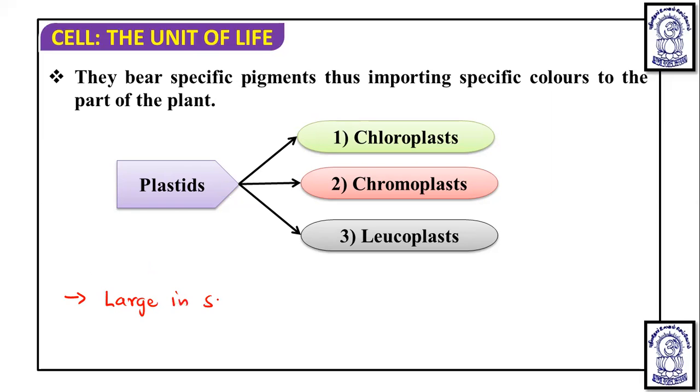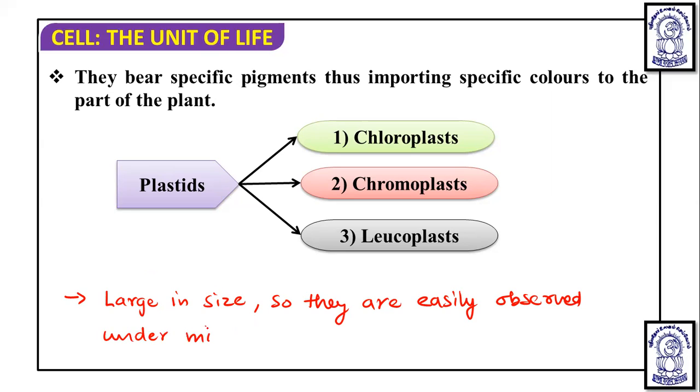So they are easily observed under a microscope, and specific staining is not required. Based on the presence or absence of a type of pigment, they are of three types: chloroplast, chromoplast, and leucoplast.